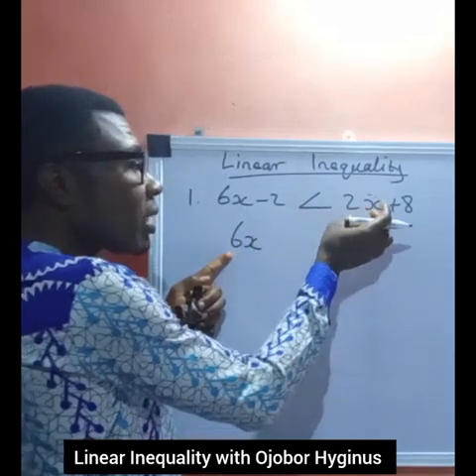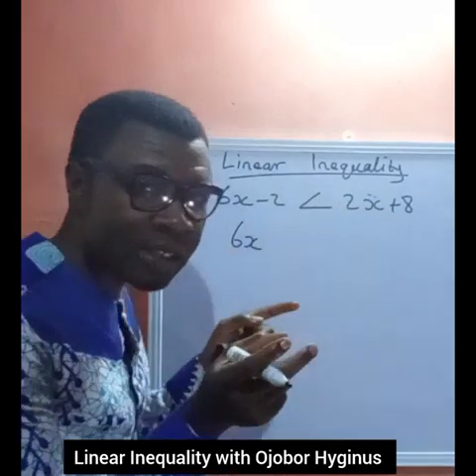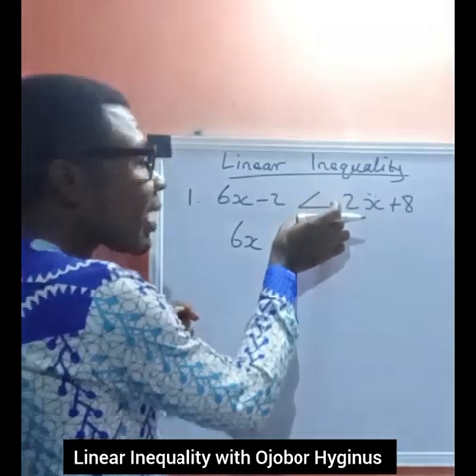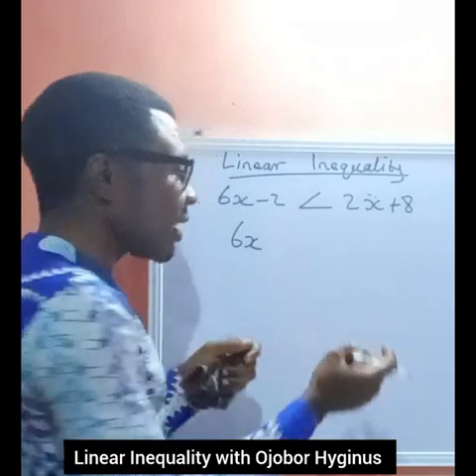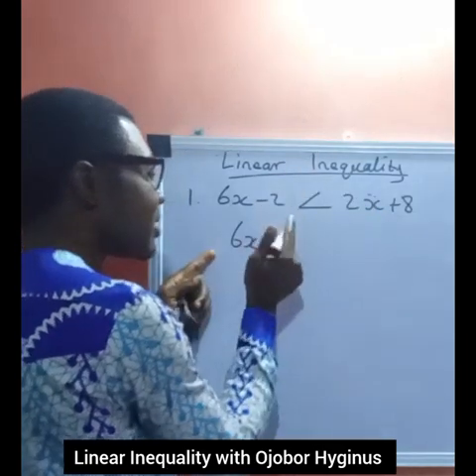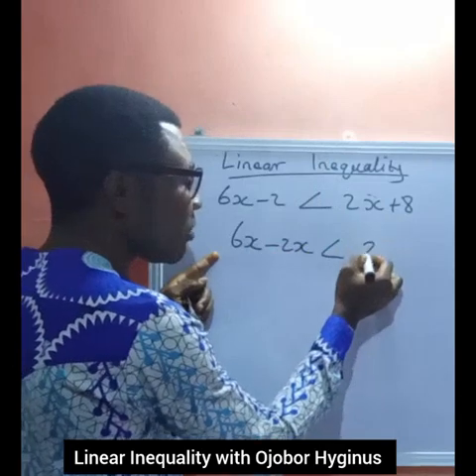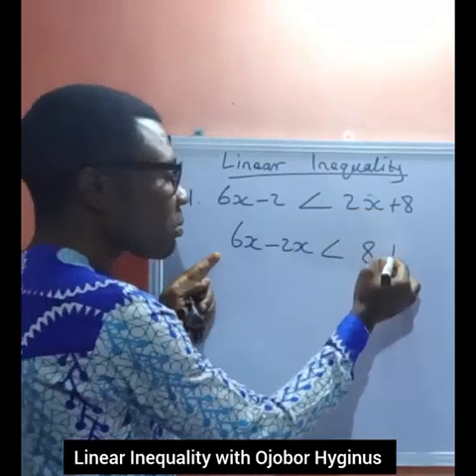You know that when a number or a variable crosses the sign of equality, it changes its sign. The same thing happens when a number or a variable crosses an inequality sign, it still changes its sign. So 2x is crossing because it's positive here. When it crosses to this other side, it becomes minus 2x is less than 8 as it was before. Minus 2, when it crosses to this other side, it becomes plus 2.